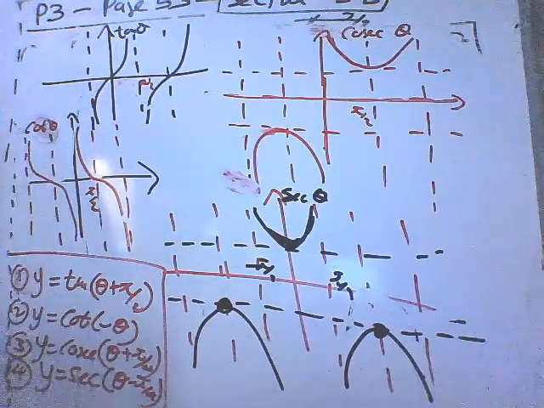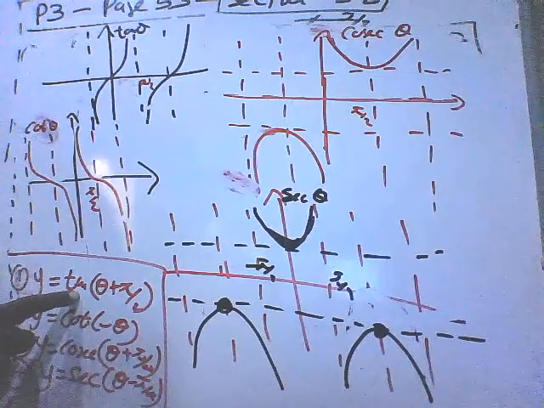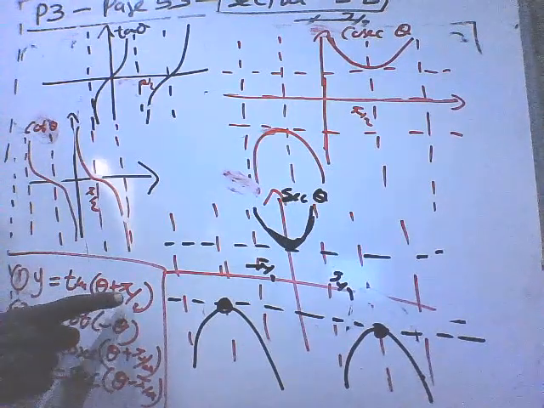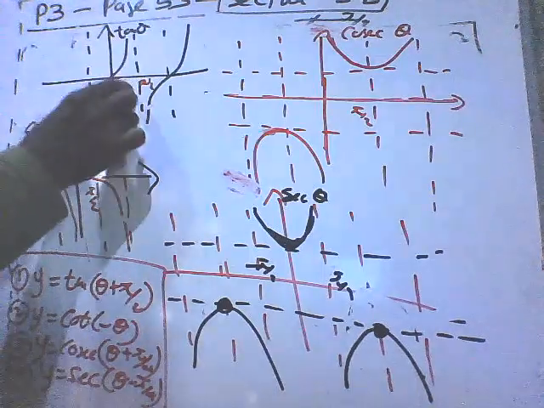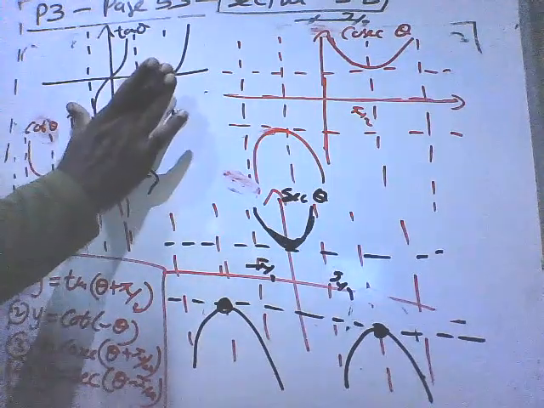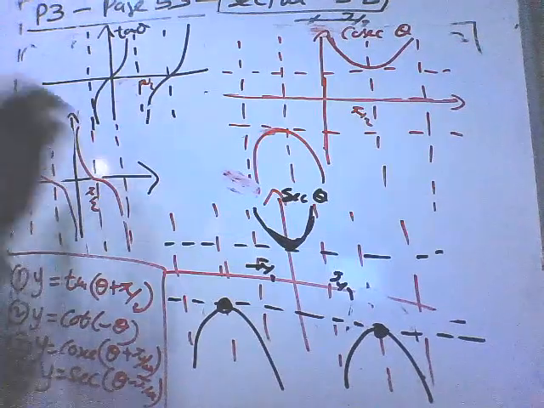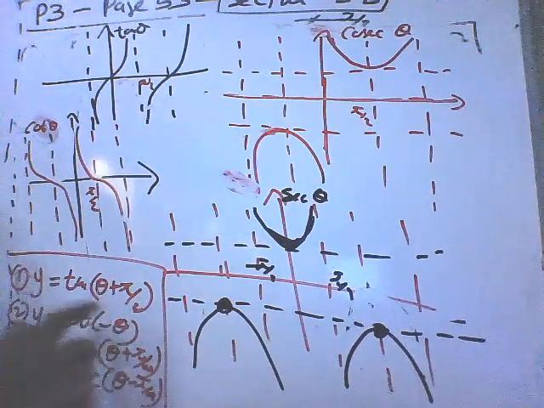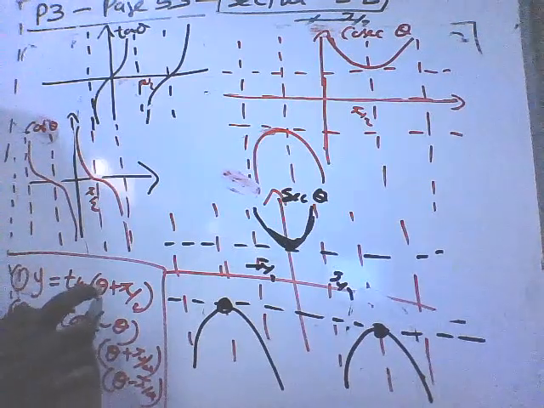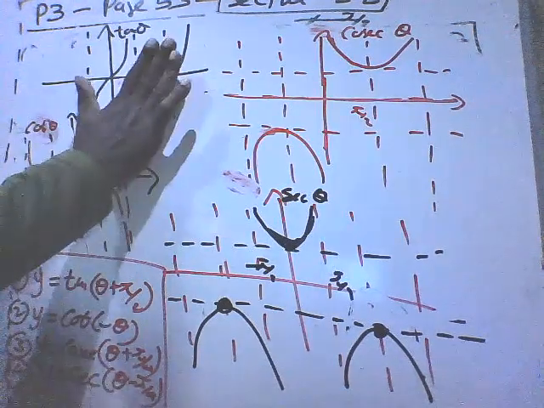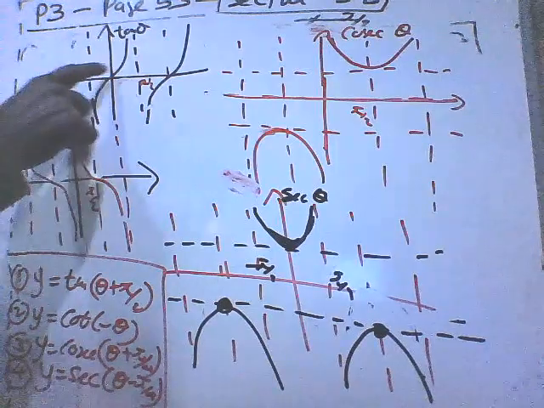But see what would happen when we consider tan(theta plus pi over 2). This is pi over 2, pi over 2, pi over 2, and this graph gets shifted to the left, because instead of x you will have x plus pi over 2, so the whole thing gets shifted. But it comes as a mirror image.